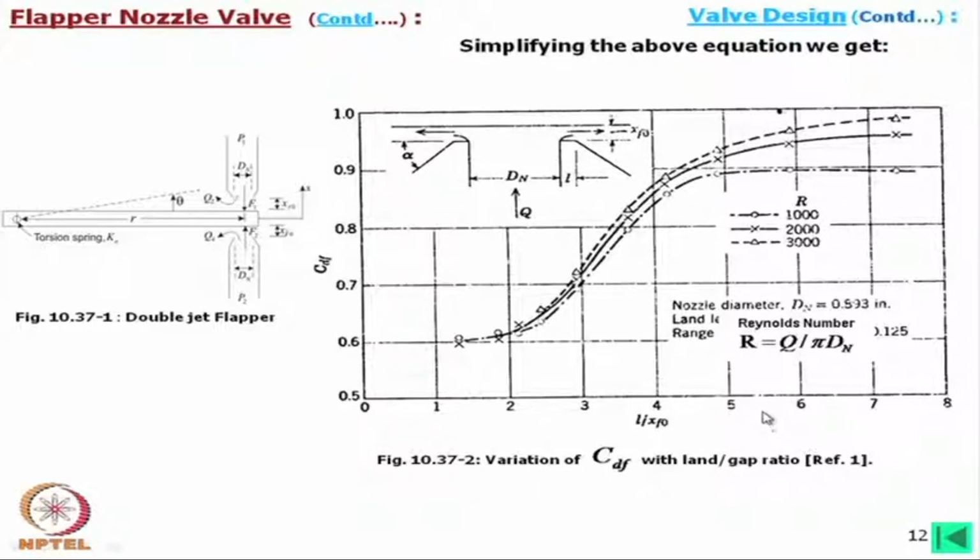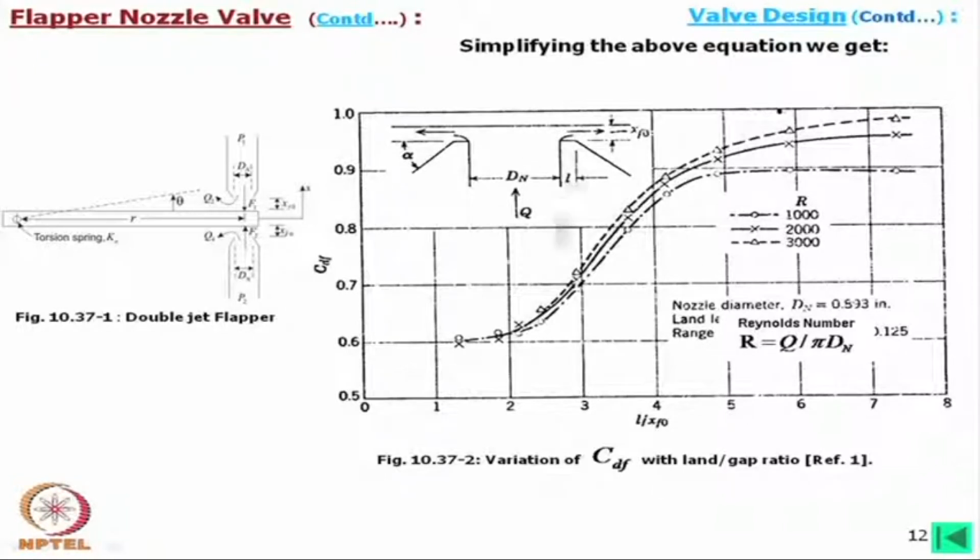And this is the ratio of L into x f0. What is L? We can see that this is the nozzle, and this is the curtain height. If we decrease this L, it is almost a tapered hole.